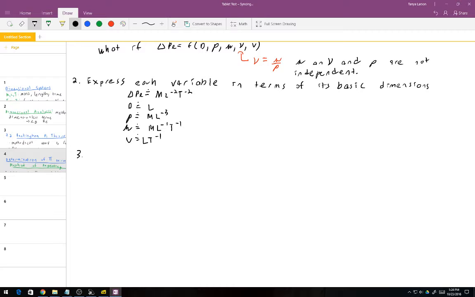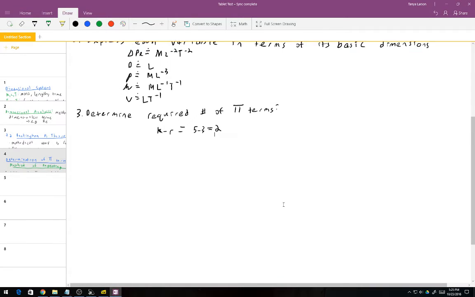3, I'm going to determine the required number of pi terms. In this case, I find that k minus r, just as we did previously, is equal to 5 minus 3, which is equal to 2.